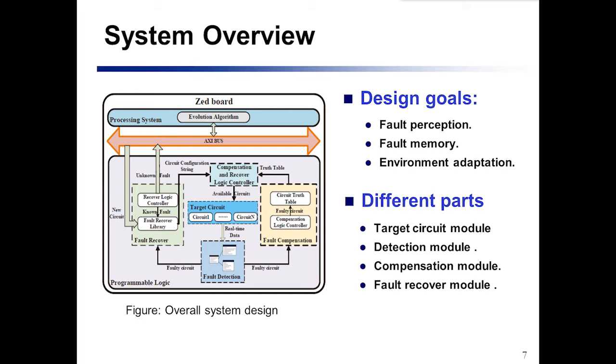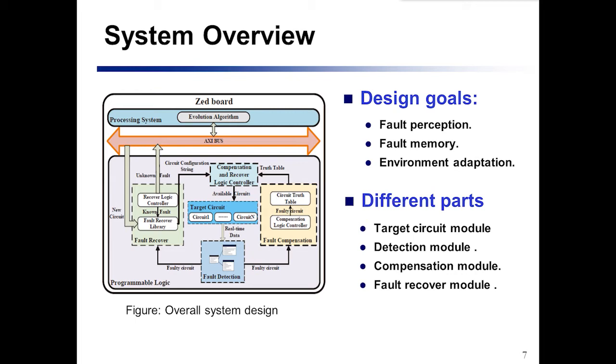truth table, and the comprehensive logic controller is utilized to control data transfer of the comprehension module. The fault recovery module consists of two parts: fault recovery library and evolutionary algorithm.